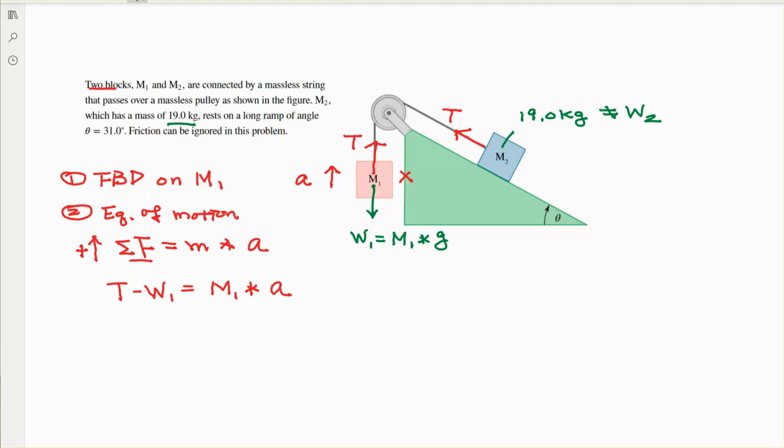Alright, so the other thing we're going to do is look at block 2. So let's look at block 2. Let's use a different color to represent block 2.